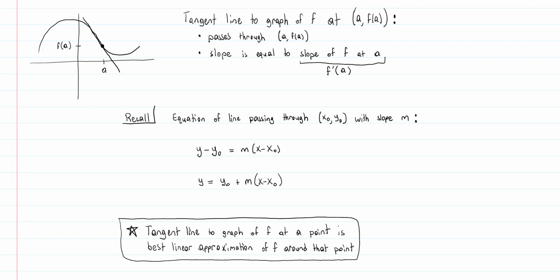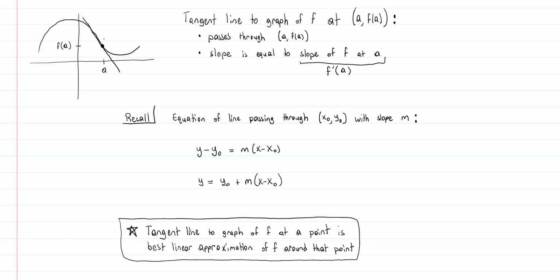In a certain sense, one can say that the tangent line is the best linear approximation to the function at this point, meaning that no other line that passes through this point will approximate the function as well as the tangent line.